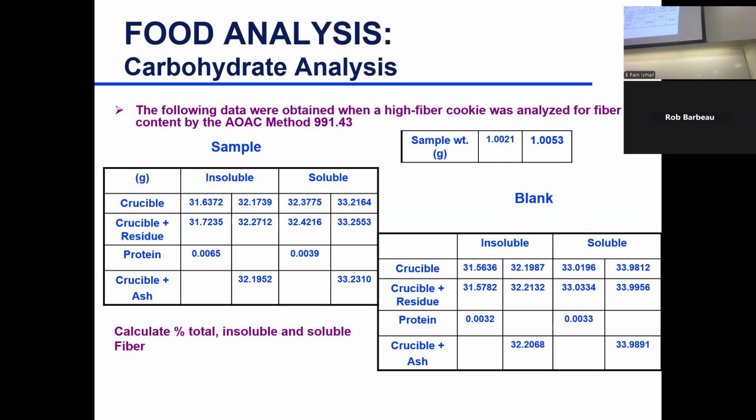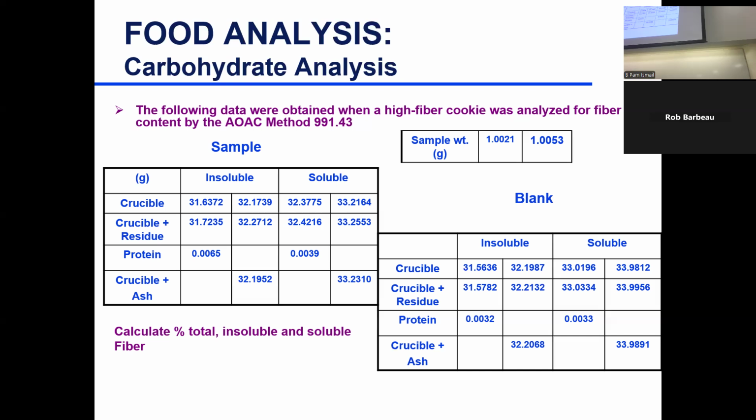So you subtract the crucible weight from the crucible plus ash, you get the ash in grams, and the same for soluble. So now you have the protein and ash for the insoluble, and you have the protein and ash for the soluble. Okay, and then you always run a blank, because you want to account for any fiber that comes from whatever you use, the crucible that you use or the filters that you use.